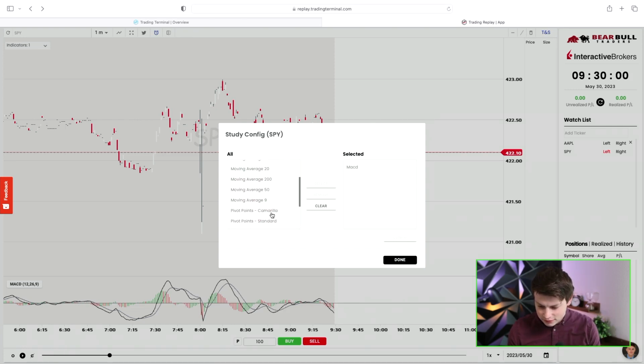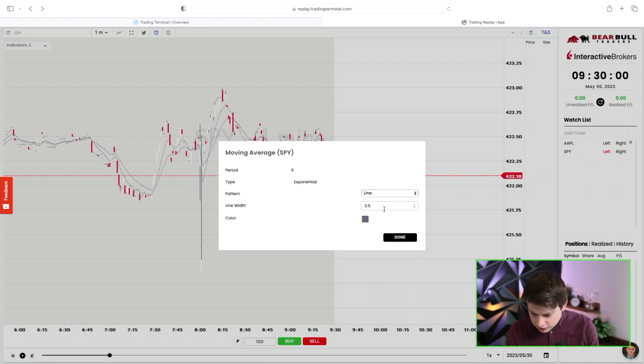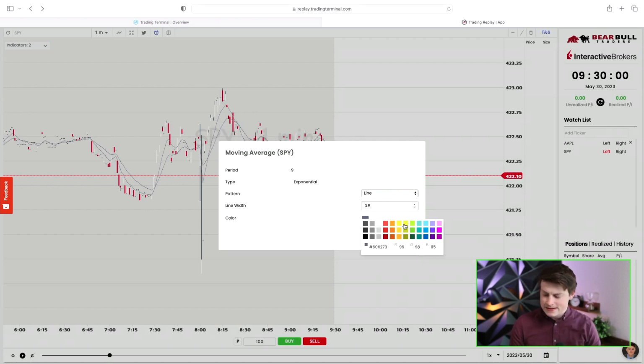So let's first go to moving average. Let's select moving average 20. We'll remove the MACD. And let's select the moving average 9, right? So we've got the 9 and the 20 right there. And let's configure them. Let's make the 9, what color should we make the 9?